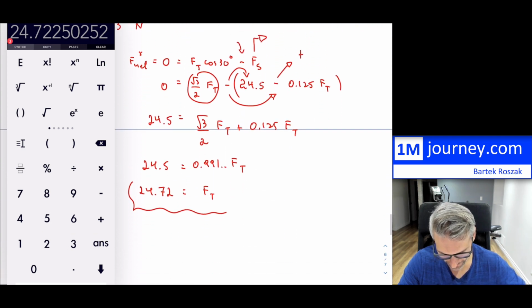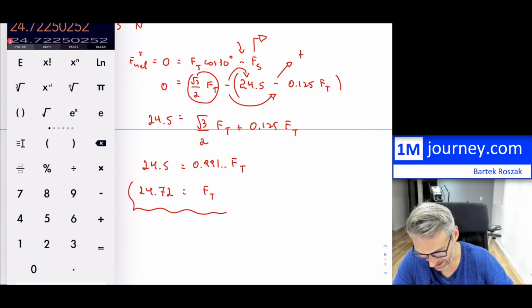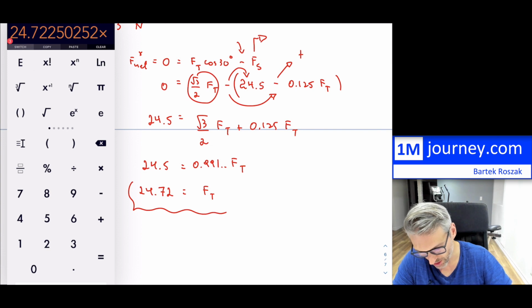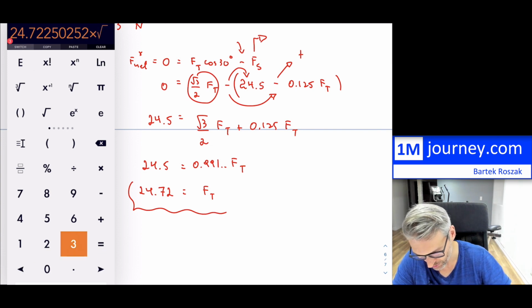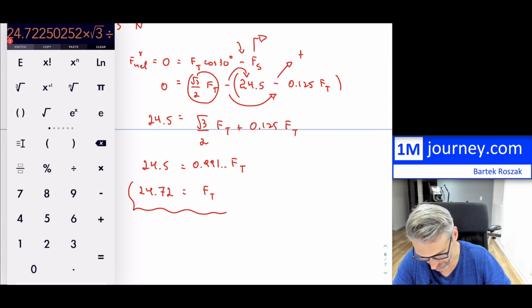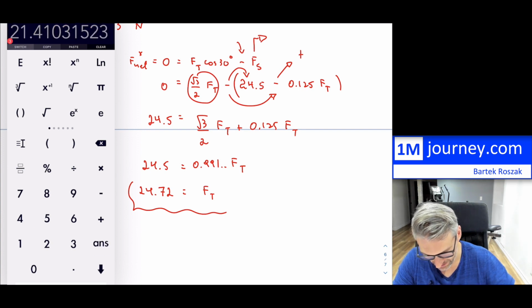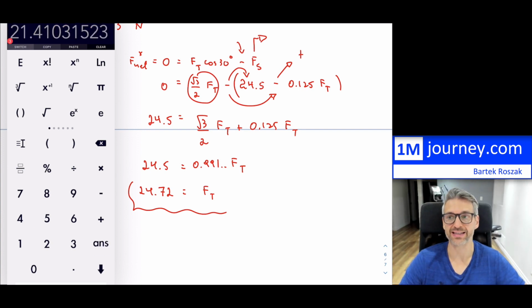So now, what is interesting is that the x component is definitely not 24.72, right? This would have been this multiplied by the cos of 30, which is square root of 3 divided by 2, and this would have been 21.4. That's the horizontal component, and that is your force of friction, which is obviously less.